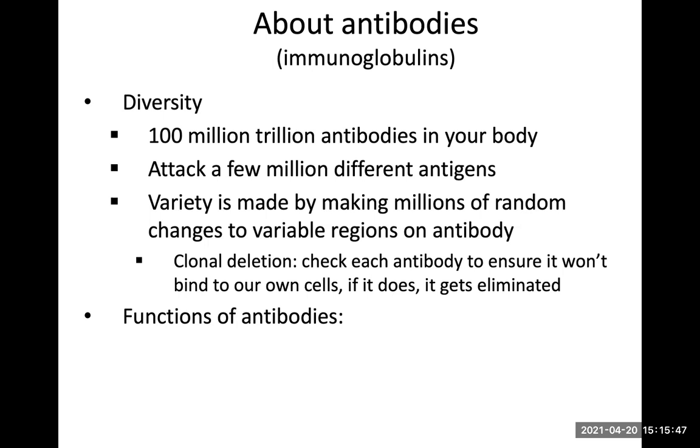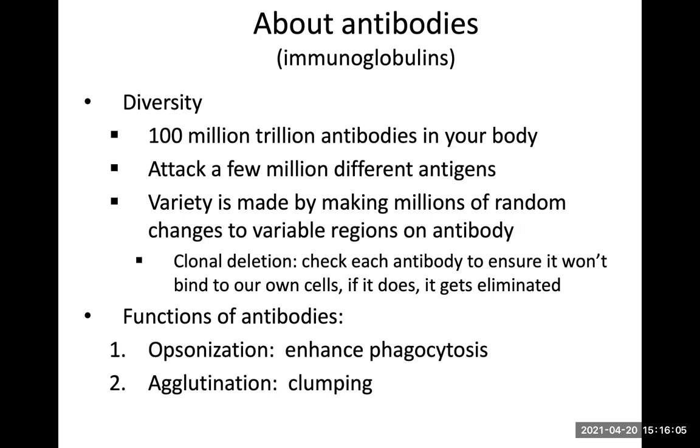So remember, we talked about different functions of antibodies. One role that they do is to enhance phagocytosis, and that's called opsonization. This is by coating pathogens with antibodies, making it easier for phagocytes to grab on. There's agglutination, which is clumping, whether it might be clumping up bacteria or bacterial parts like LPS, or clumping together viruses, right?